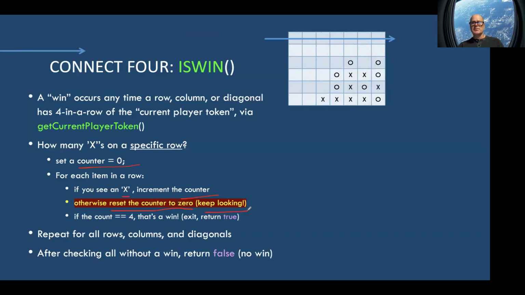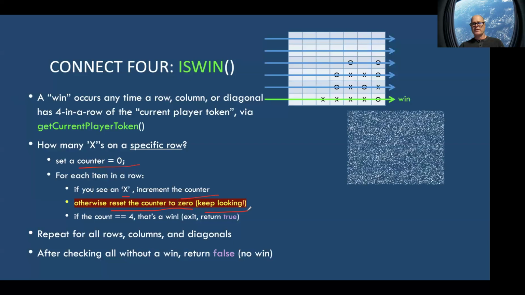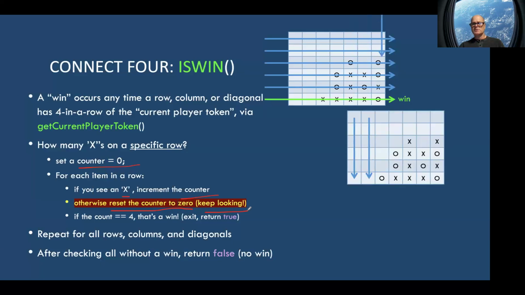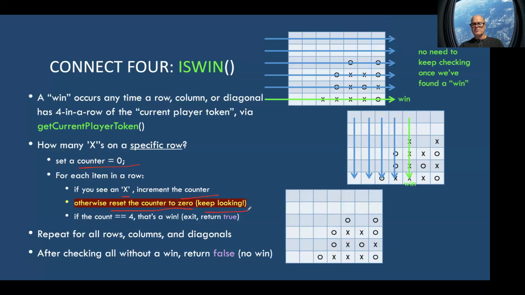So here are a couple of examples. I'm searching, I get a count of 2 there, and then it sets back to 0, so I never really get to 4. Here, I get to 4, and of course that's going to be a win right away. Down here, searching, I get a win over there. You'll figure out how to debug these things.